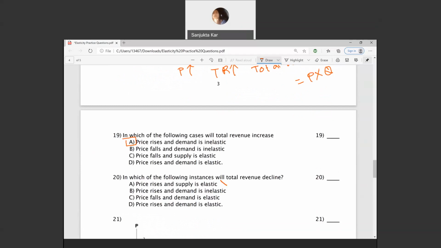Not this one, not this one, not this one. This is the right answer. Price rises and demand is elastic. Always remember, elastic, price and total revenue go in opposite directions. Price rises, total revenue is going to go down. Over here, price rises, total revenue is going to go up.